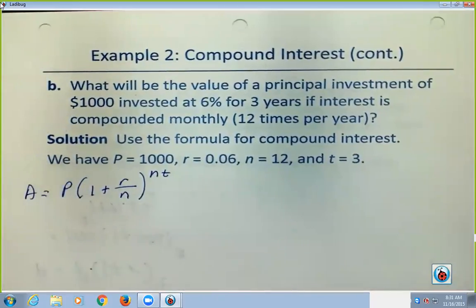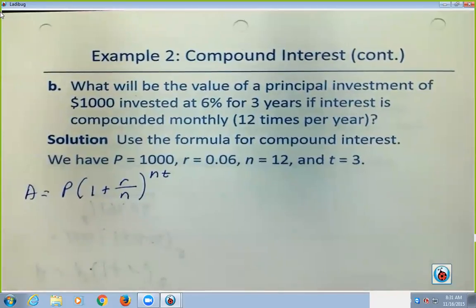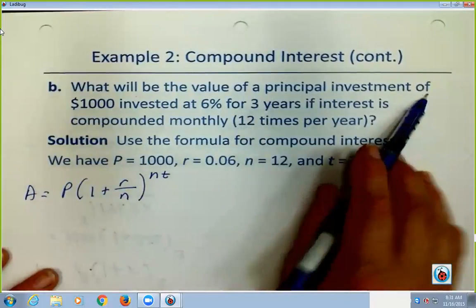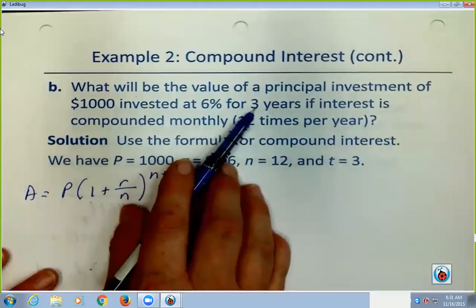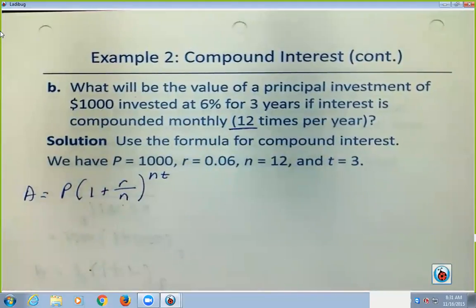So you'll have them to work with. And you might have to, in your homework, keep track of the 3 different ones that you're working with because it may not pop up if they give you another problem just like the one before. So, find my pieces. This is what will the value be of the principal investment of $1,000 invested at 6% for 3 years if the interest is compounded monthly. So what is the difference here?